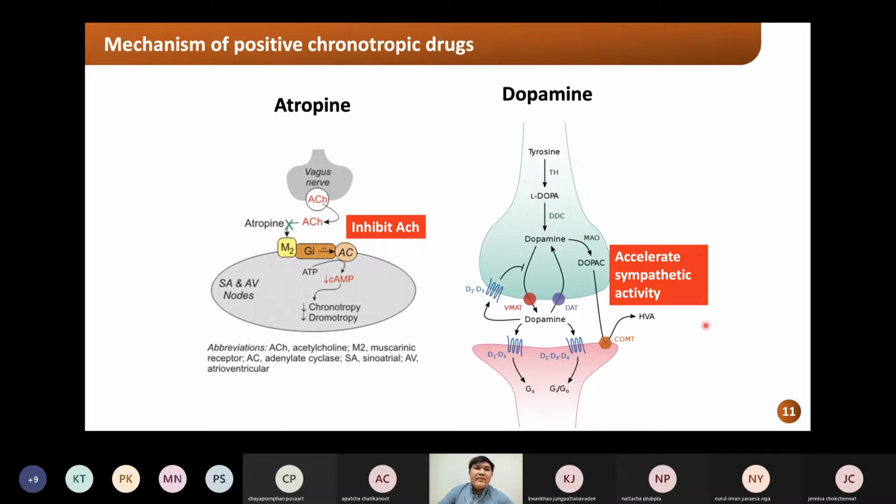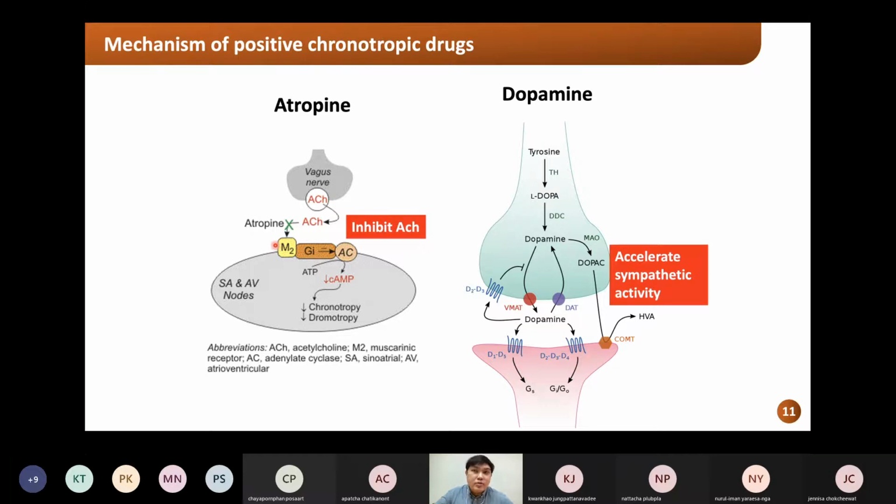The brief action about atropine. I'm going to go for atropine first. The action of atropine is to inhibit the acetylcholine on the vagus nerve.